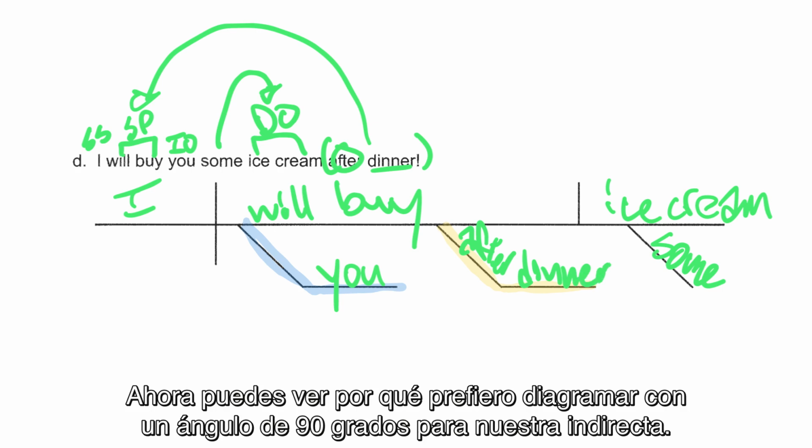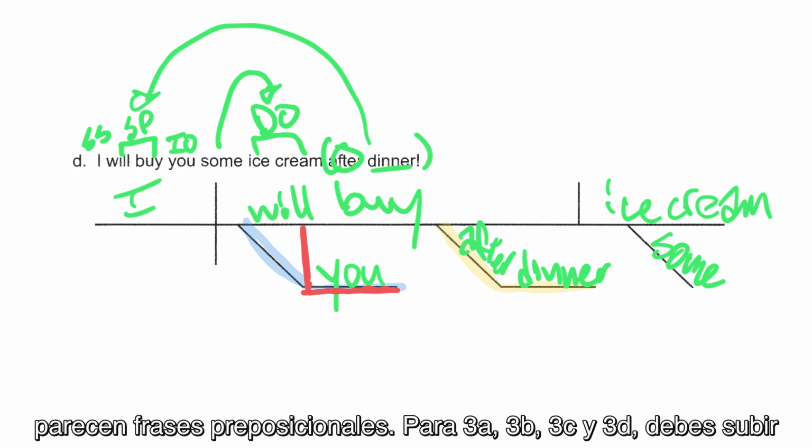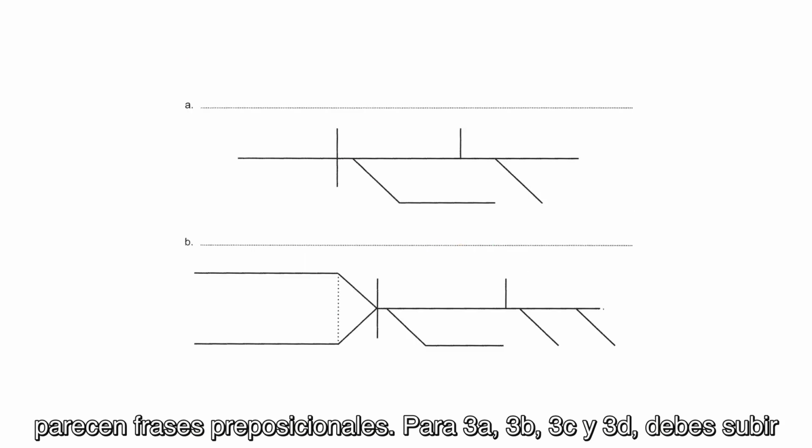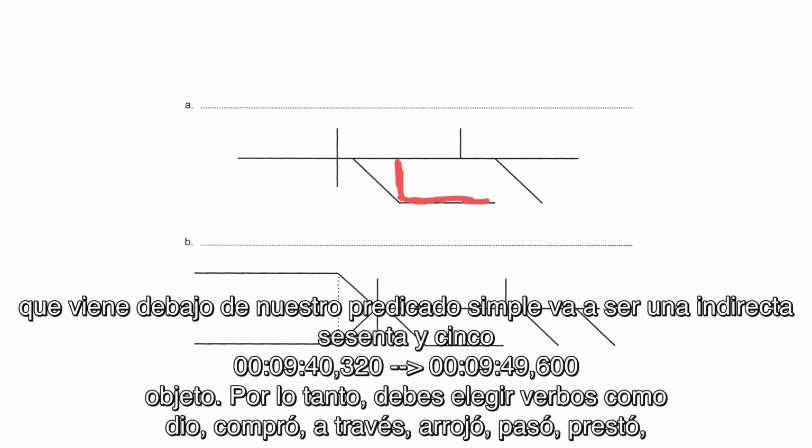Now you can see why I prefer to diagram with a 90-degree angle for our indirect object, because it stands out a little better than having two modifiers looking like prepositional phrases. For 3A, 3B, 3C, and 3D, you need to come up with your own original sentences. Remember, every one of these lines that comes down underneath our simple predicate is going to be an indirect object.